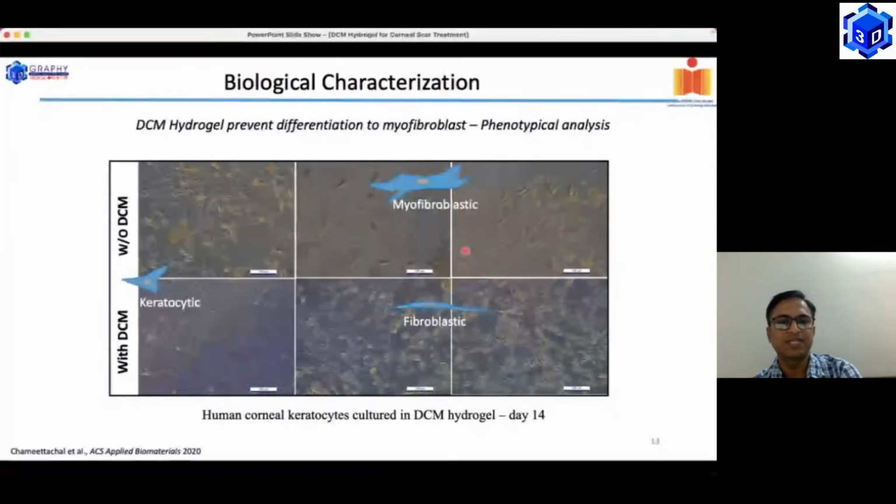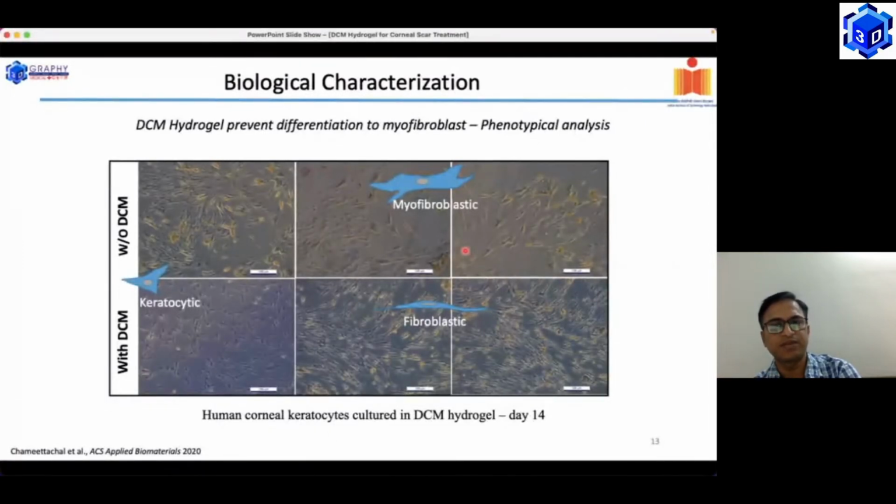That means if keratocytes in an injury become myofibroblasts, they produce this scar tissue. In our study, we found that when we use DCM, the dissolved cornea matrix, as a coating material for the culture or expansion of these keratocytes, they are not becoming myofibroblasts. They mostly maintain their fibroblastic morphology over a period of 14 days.